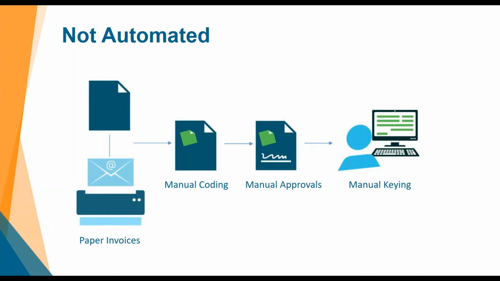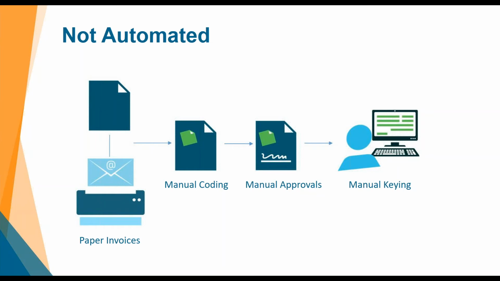So if we take a look at what a workflow here would look like for a non-automated AP department, you're seeing that they're, again, relying heavily on manual processes to approve an invoice. So these steps will include the manual printing and manual scanning of a document. Now, even if an invoice comes through electronically, it must be printed off and scanned.